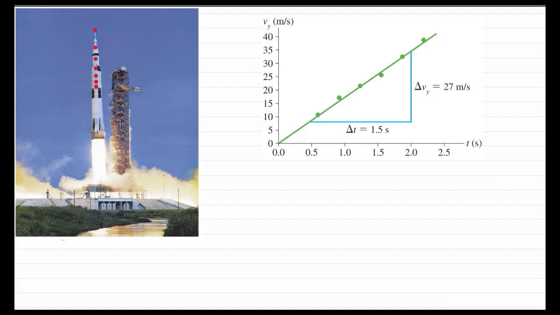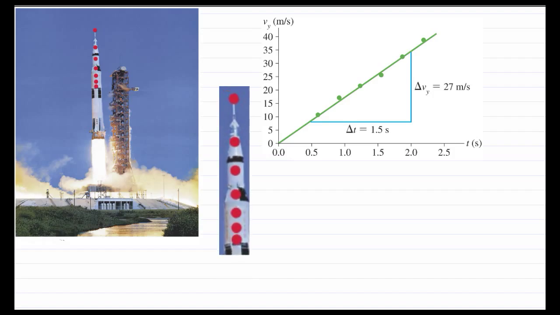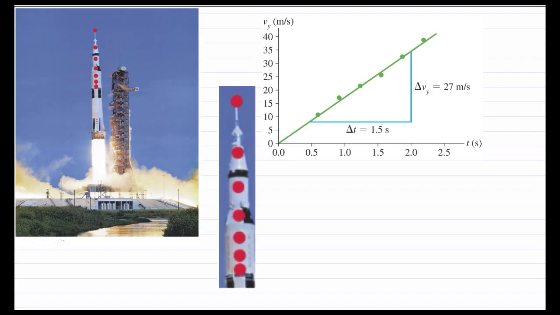Because we don't need this big picture of the rocket, all we really care about is what the top of that rocket is doing. We can represent the top of that rocket by those red dots. We don't need anything else. We just care about where those dots are at a given time.